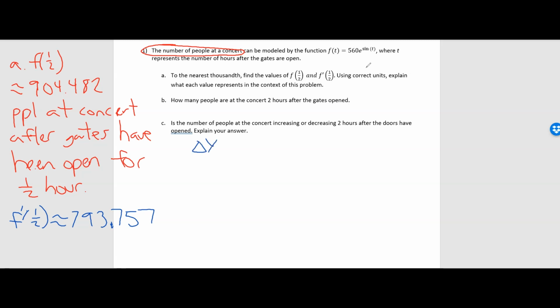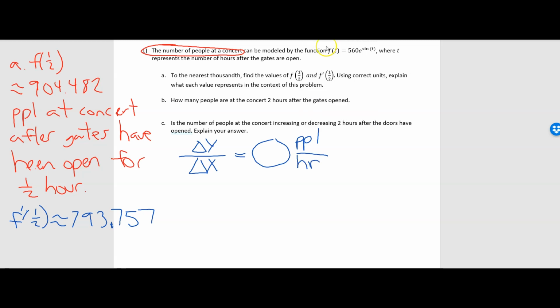So if we are finding a slope, it's going to give us some number, but it also holds true for the units. So the units for our y values or our f values for the original function were people. And our x values, or in this case our t values, were hours.